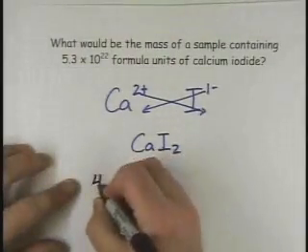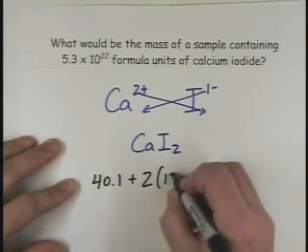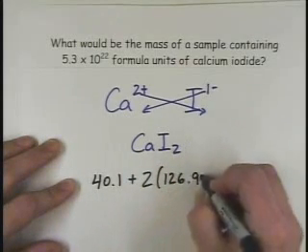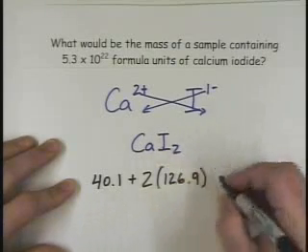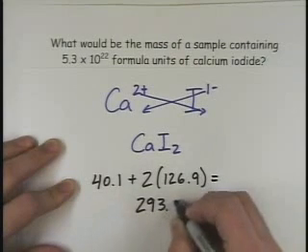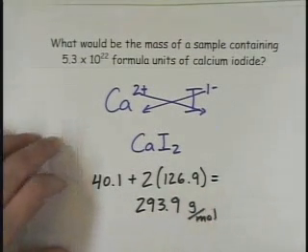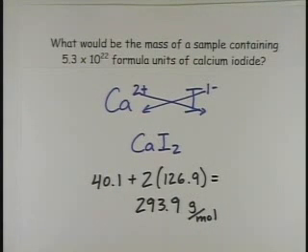So 40.1 plus 2 times 126.9, because of the formula, gives us 293.9 grams per mole as the molar mass of calcium iodide.